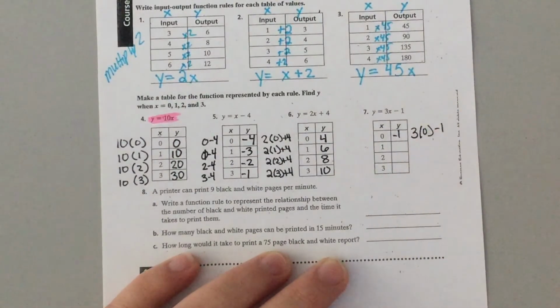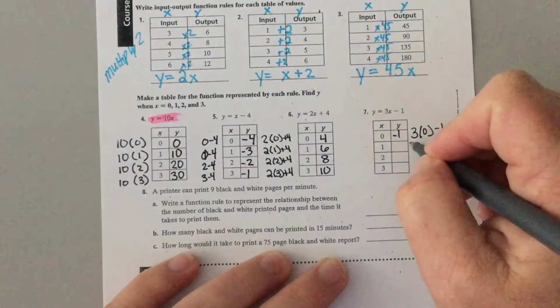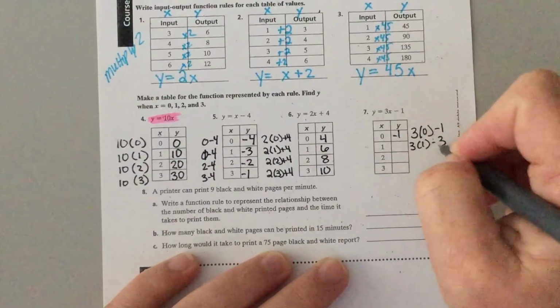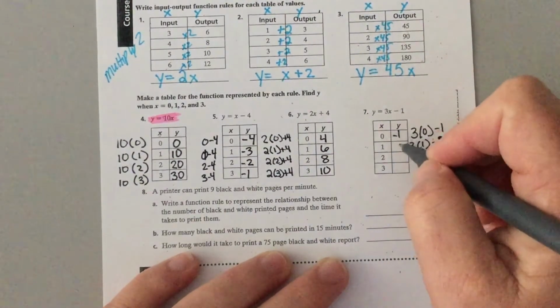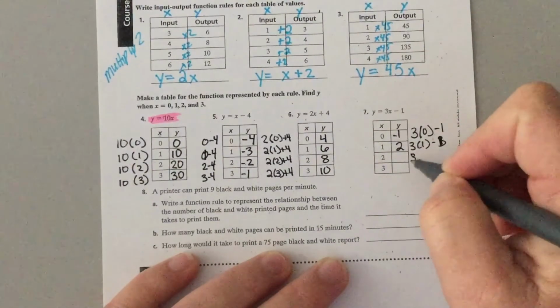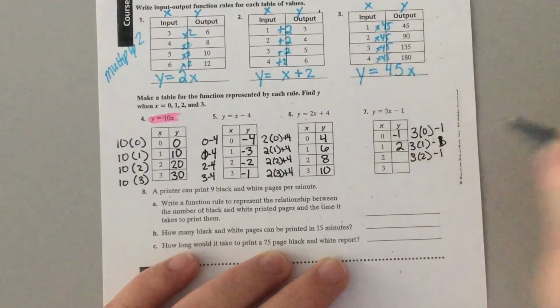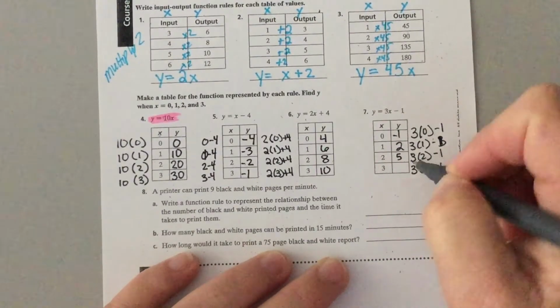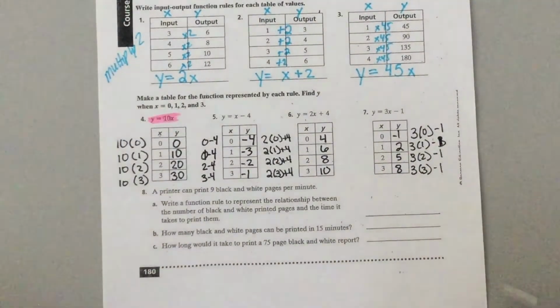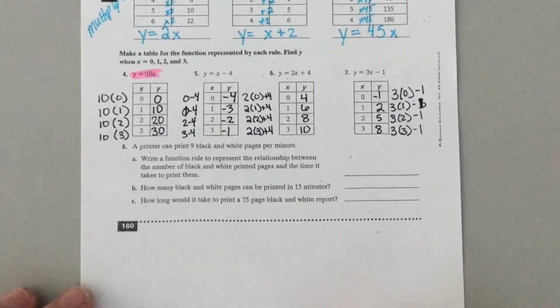Did y'all get -1 for your first y? Yep. Perfect. And then I got 2. And then 5. And 8. Perfect. All right.